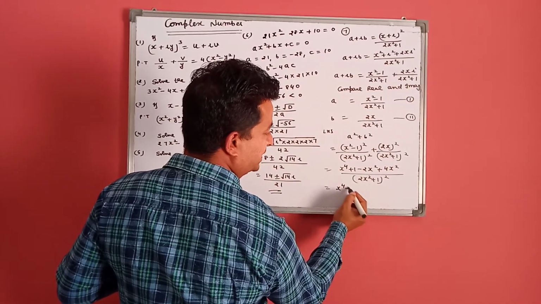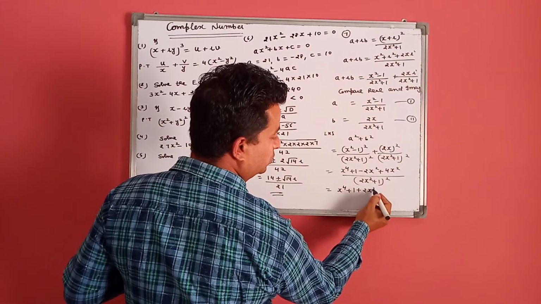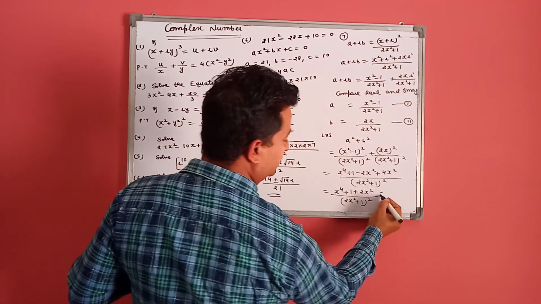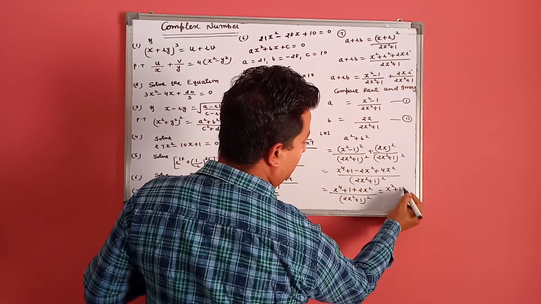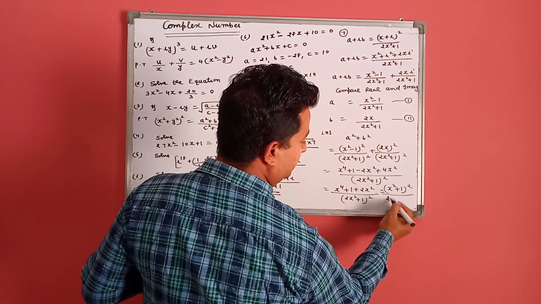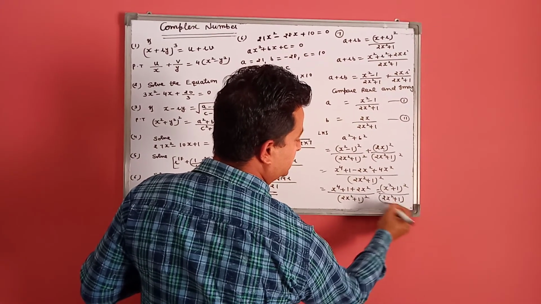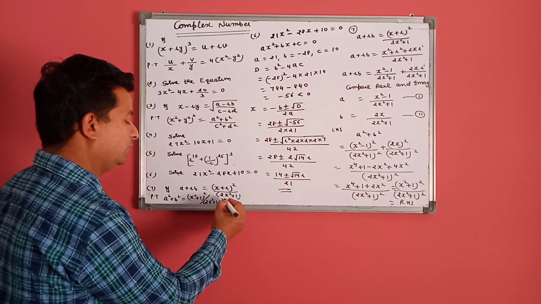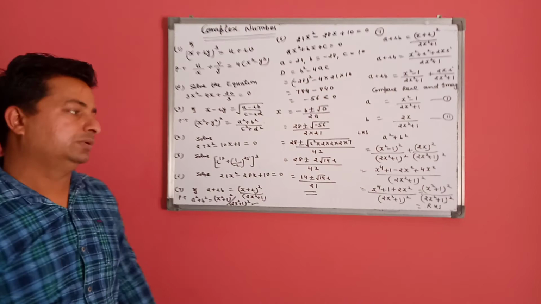This becomes x^4 plus 1 plus 2x square divided by (2x square plus 1) whole square. This is the identity of (x square plus 1) whole square divided by (2x square plus 1) whole square. This is the right hand side of the given question. That's it.